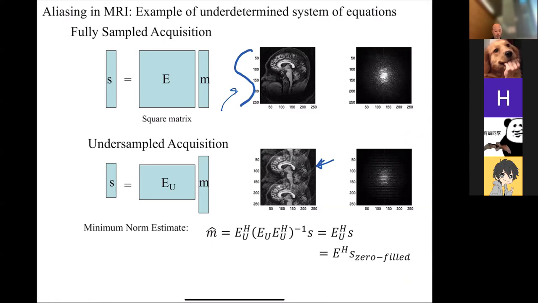So it's a minimum norm solution. Whether we look at it from the Fourier domain or from a linear algebra point of view, we get the same picture. The bottom line is we end up with an image that we don't want. This is not a clinically usable image, especially if you want to do surgery around this part of the brain. It's going to be very hard to decide if what you're seeing is an artifact or actually pathology that you want to deal with.